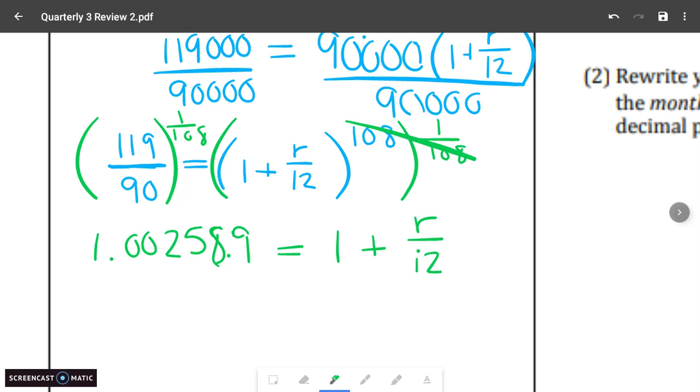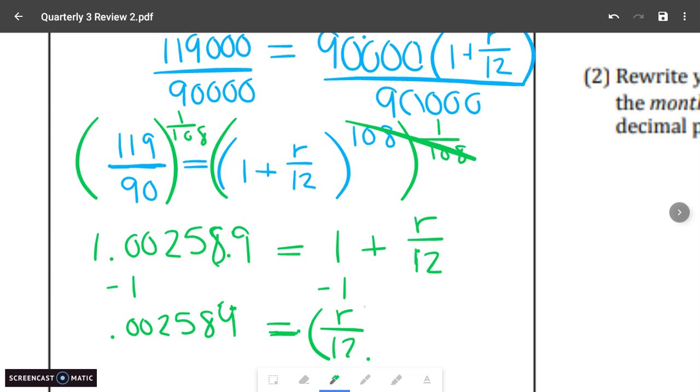So we're going to subtract both sides by the 1. And to get R by itself, we're going to multiply both sides by 12.